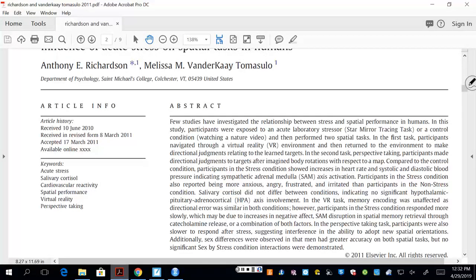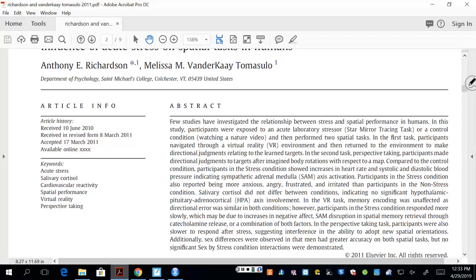Some individuals are exposed to something called a star mirror tracking test, where they have to do a kind of stressful thing on the computer. And the others are relaxing, watching a nature video. All subjects before this were not supposed to engage in any really stressful activity the day before. They had some restrictions about when they were eating, and so on.